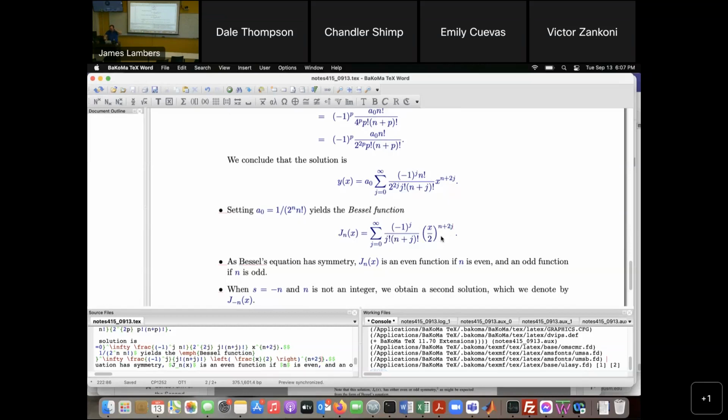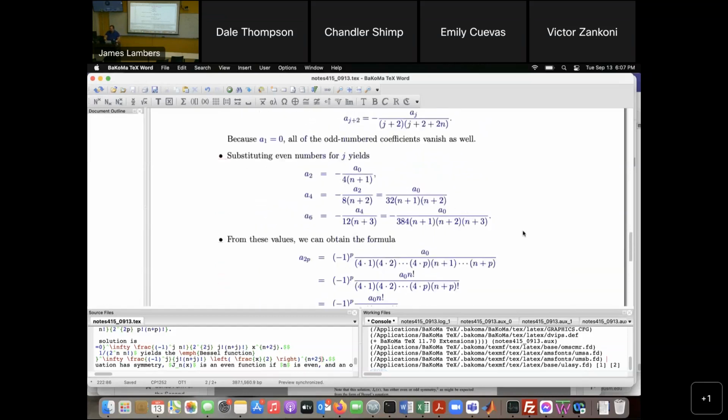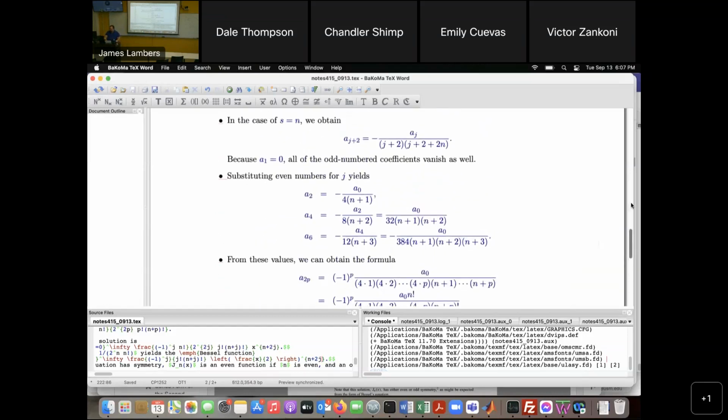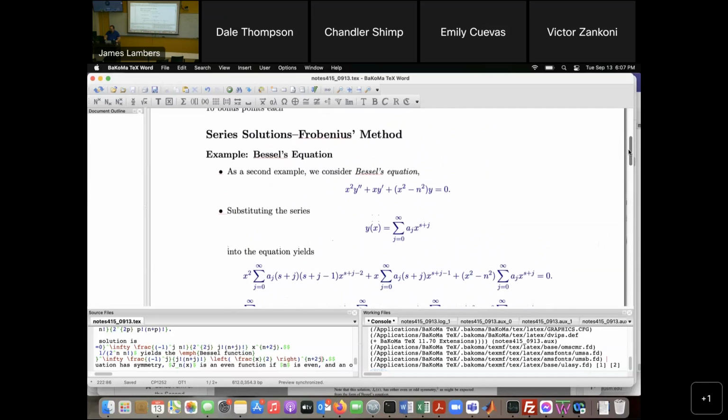And this goes to what I was mentioning in a previous class about whether the differential operator is okay in terms of n.